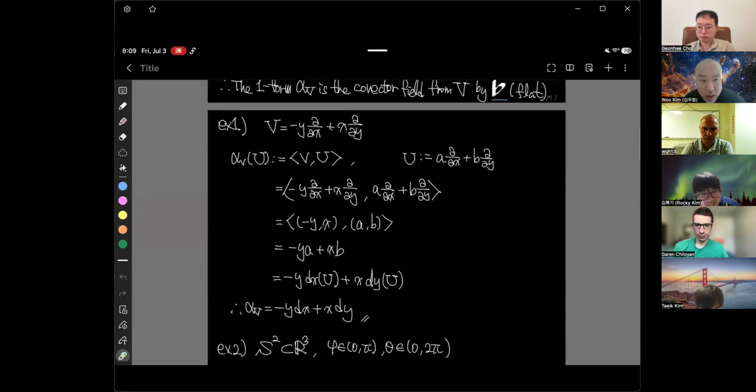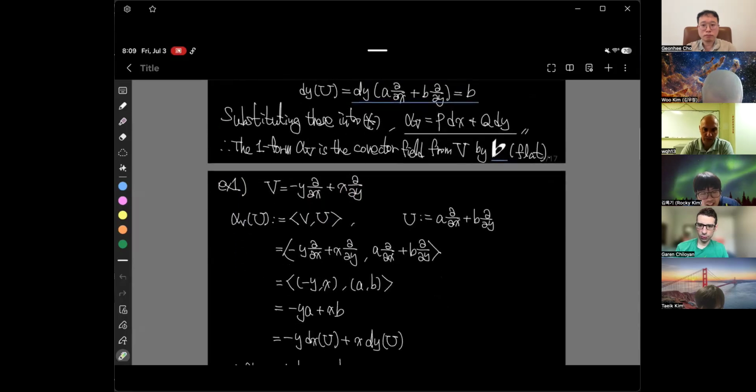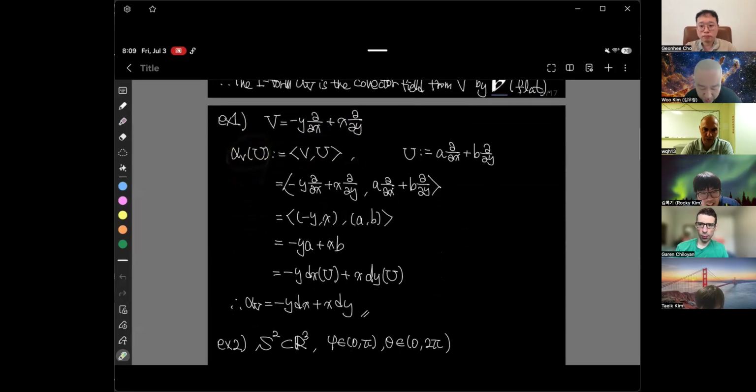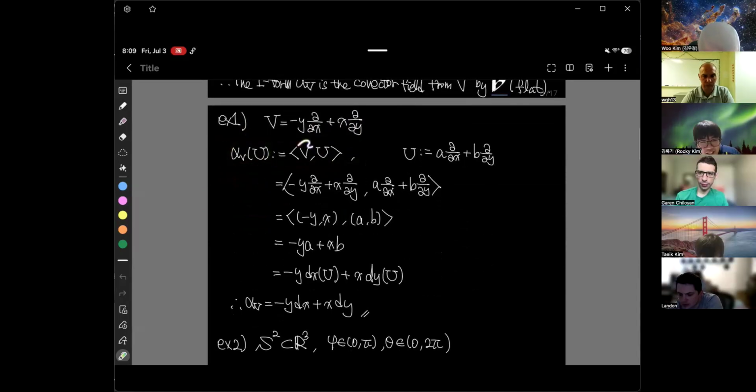I'm going to do some computation through this example. The first simple example: V is minus y partial with respect to x plus x times partial y. We can use these function definitions. So alpha of u is the inner product of V and u.